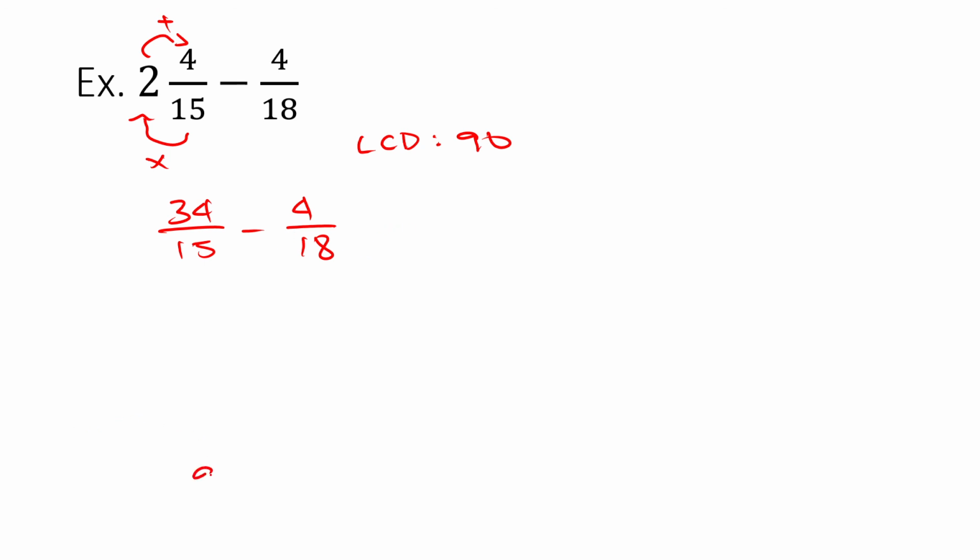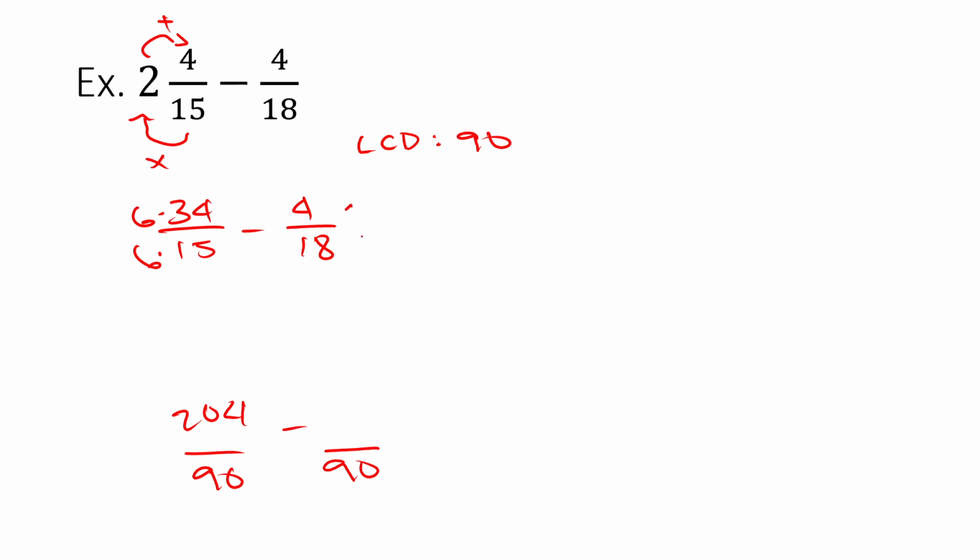Your end goal right now is to change both fractions such that the denominator is 90. Let's start with 34 over 15. The number we need to multiply 15 by to change it to 90 is 6. So you also multiply 34 by 6. 34 times 6 is 204, and 6 times 15 is 90.